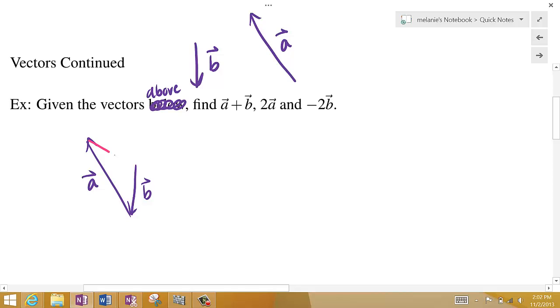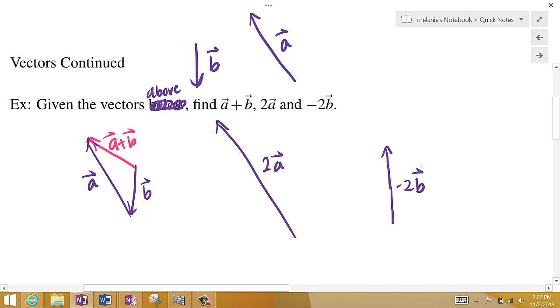My resultant vector is right here, a plus b. To find 2a, I just draw the same vector in the same direction as a, then make it twice as long. So something like this would be 2a. For negative 2b, I double the length of b, but then I put the arrow in the other direction. So here's b, here would be another b, but now the arrow goes this way. So this is negative 2b.